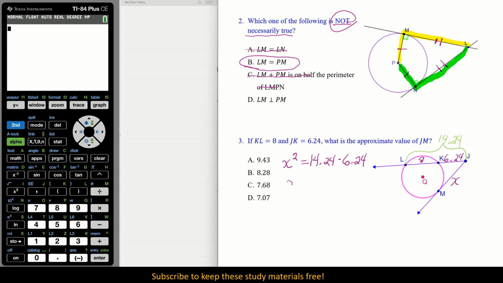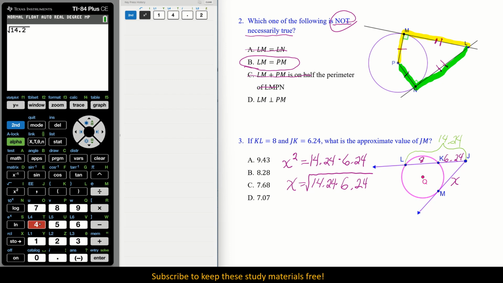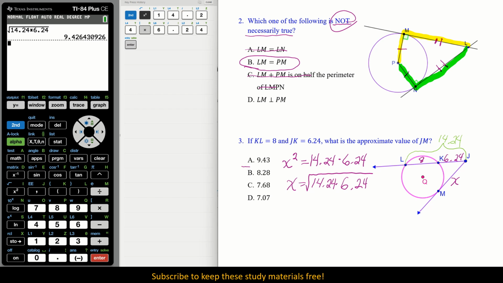So when you put all of that under the square root, that will be your value. Let me write this out and we will put that in our calculator. Second radical, 14.24 times 6.24. Double check my numbers, push enter, and we have the value. So it's option A, which is correct.